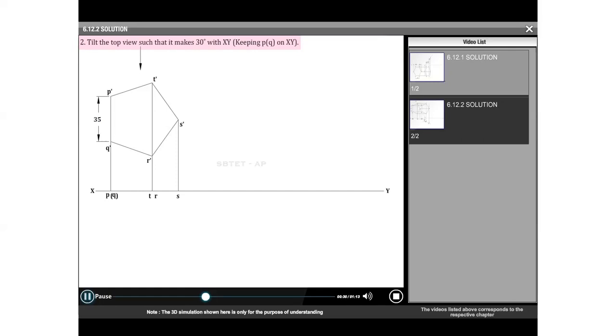Tilt the top view such that it makes an angle of 30 degrees with the XY line, keeping PQ on XY. Project the corresponding front view.